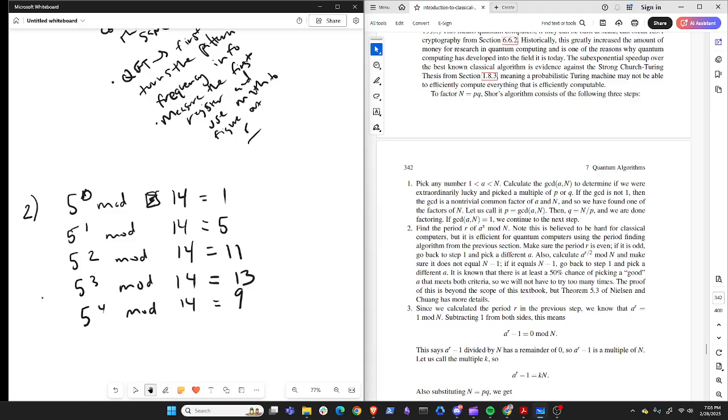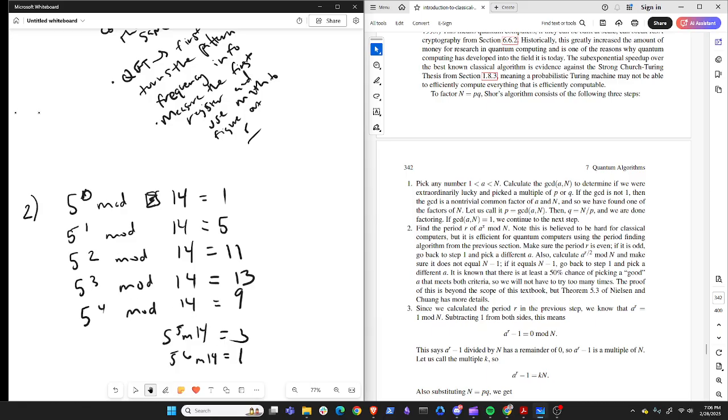And then we do 5 to the fifth, which gives us 3. 5 to the 6th, which gives us 1.